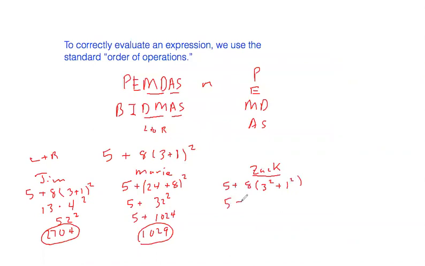So that leaves him with 5 plus 8 times 10, which would then be 85. So we get 3 completely different answers because they weren't sure exactly how the order of operations works and have a favorite way of doing it anyway.